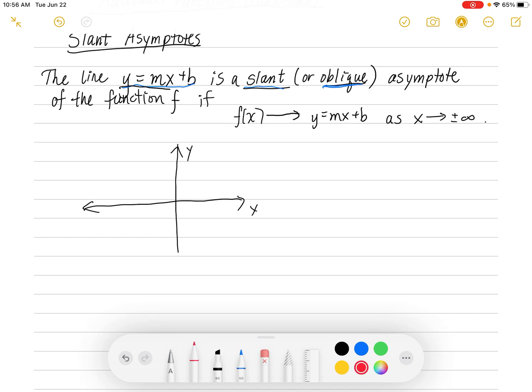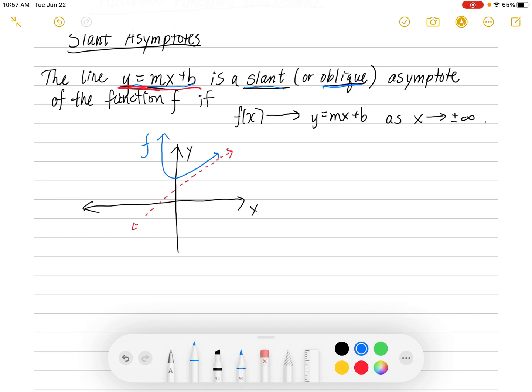Here's my x-axis and my y-axis. I'm going to take this y equals mx plus b, and I'm going to make that red if I can. So that'll be a line, maybe like this, depending on whether the slope is positive or negative. No, that's not your function. Your function could be doing something like maybe this. So maybe it's getting close there on the right side.